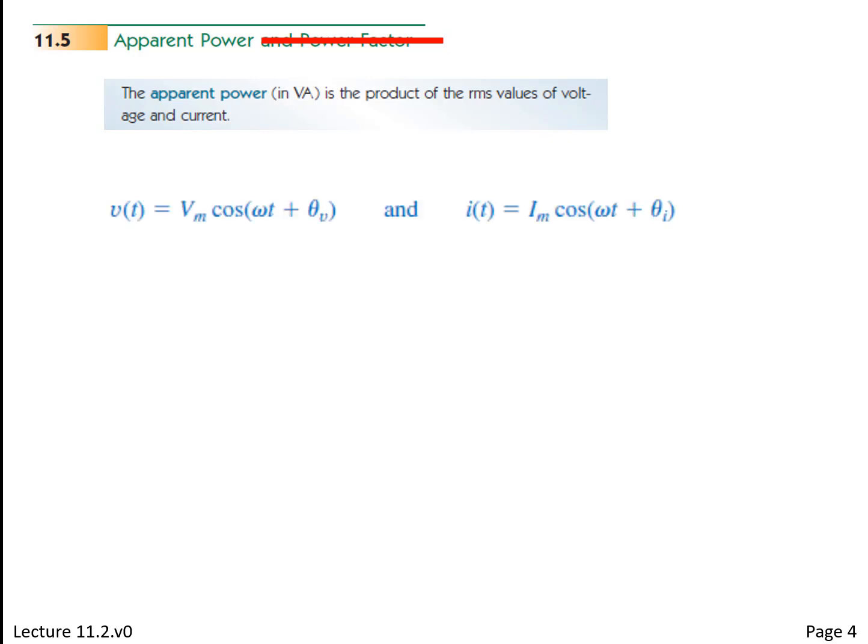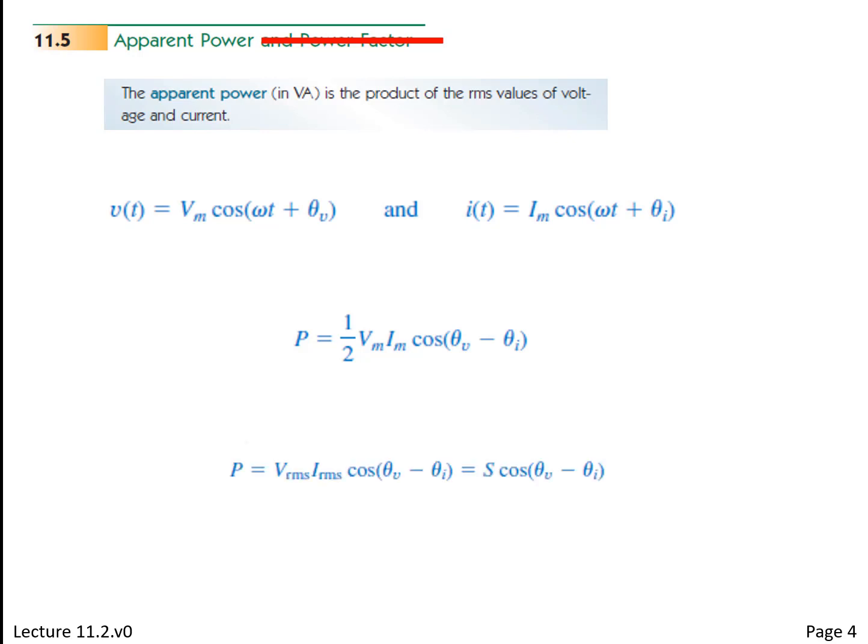All right, if I take the sinusoidal waveforms and go for the real power, the instantaneous power, this is what I have, right? We did this already. This is what I have for instantaneous power.